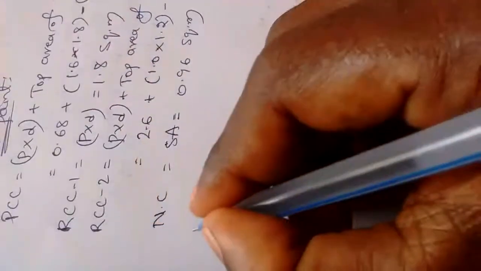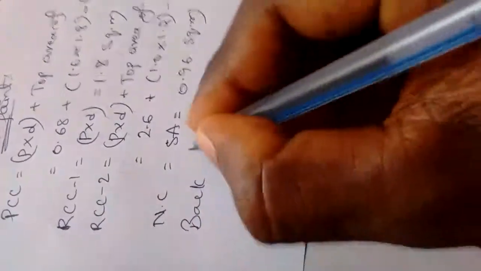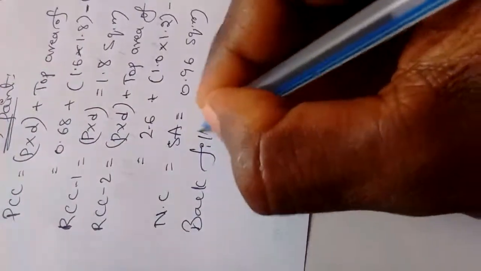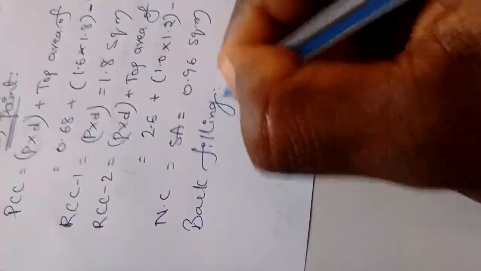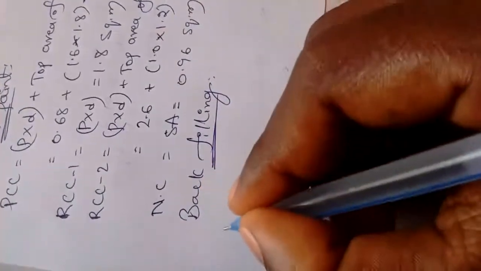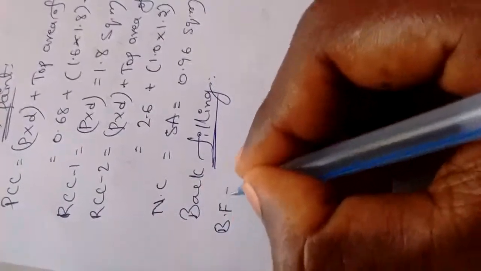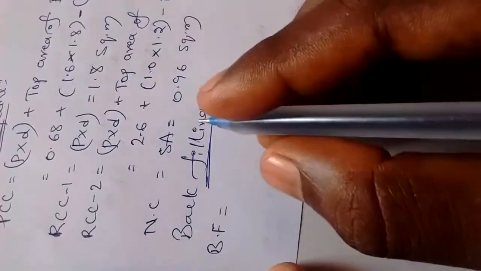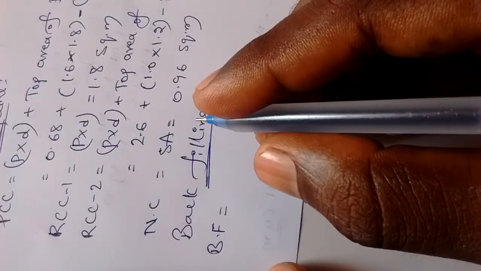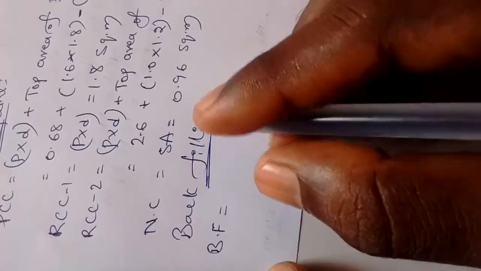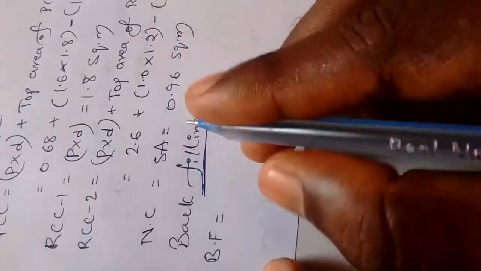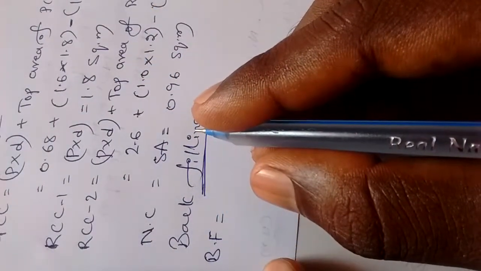Next one, backfilling. Last one, backfilling. The backfilling formula is total earthwork excavation minus the sum of all concrete quantities.